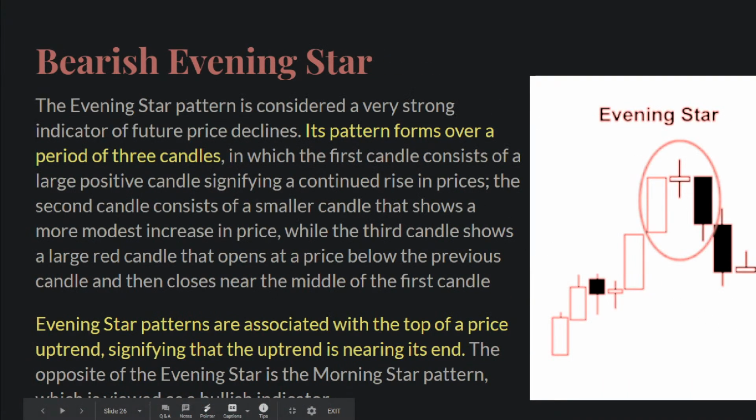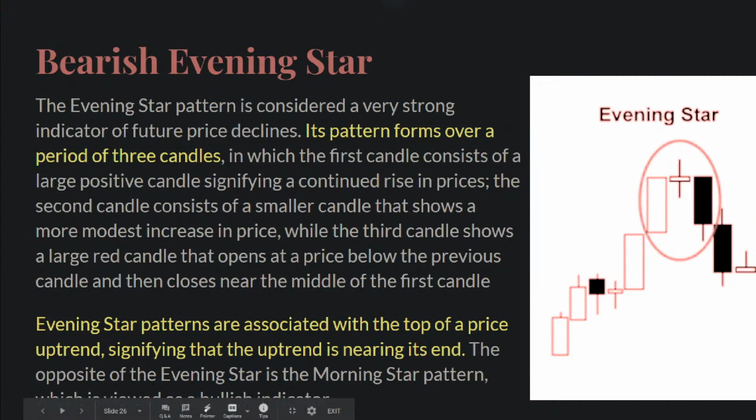So an evening star pattern is considered a very strong indicator of future price declines. Its pattern forms over a period of three candles, in which the first candle consists of a large positive candle signifying a continued rise in prices, and the second candle consists of a smaller candle that shows a more modest increase in price, while the third candle shows a large red candle that opens at a price below the previous candle and then closes near the middle of the first candle.